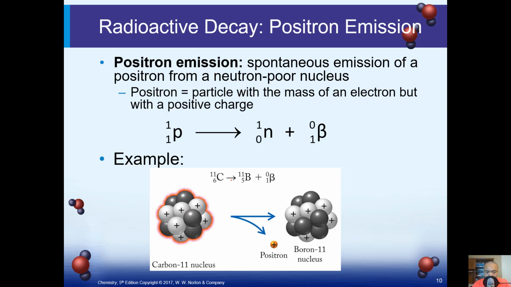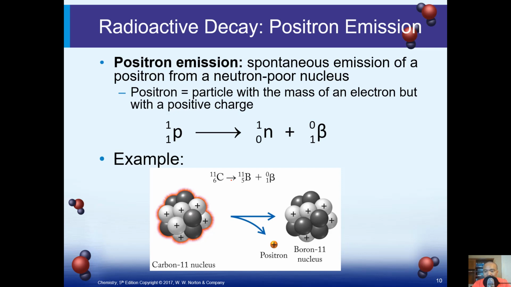In contrast, nuclides that are below the band of stability are neutron-poor, or have too many protons. To achieve a stable configuration, they must decrease the number of protons and increase the number of neutrons. This can be done by positron emission, the spontaneous emission of a positron from the nucleus.